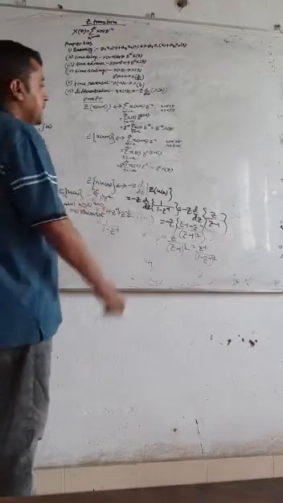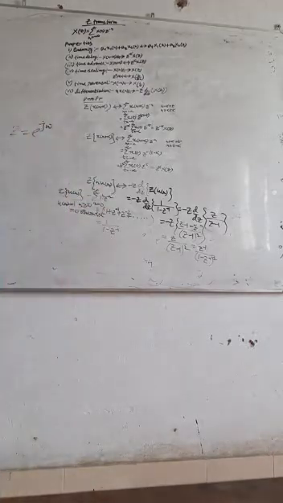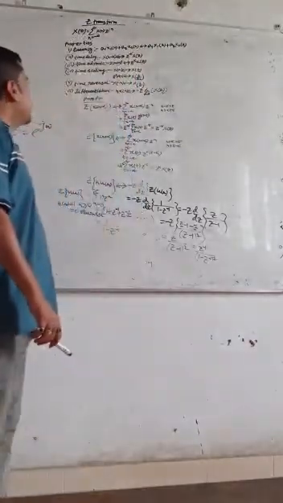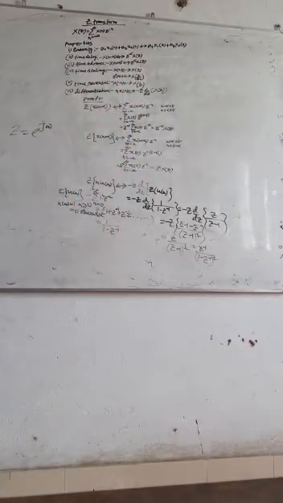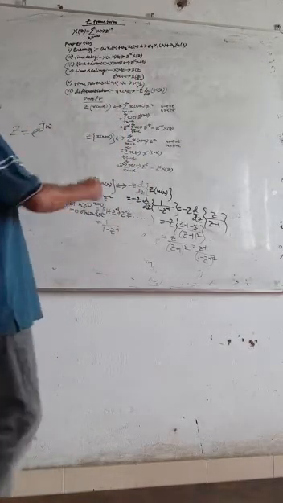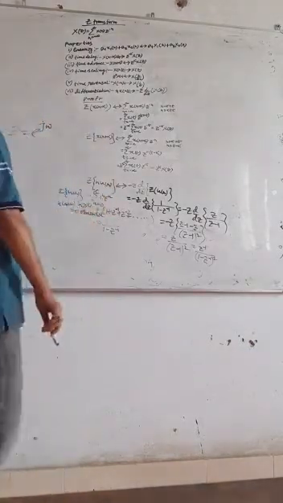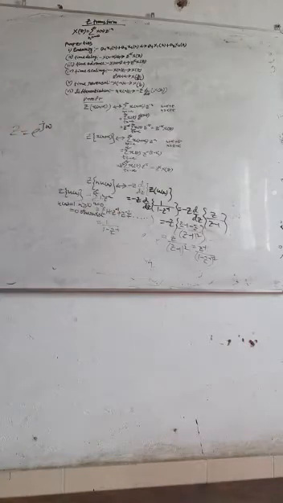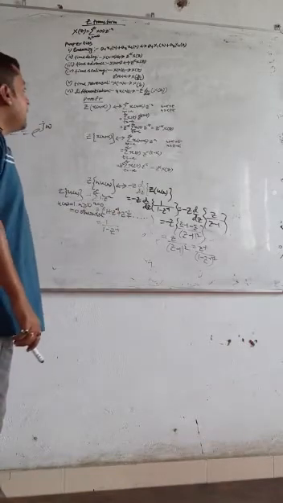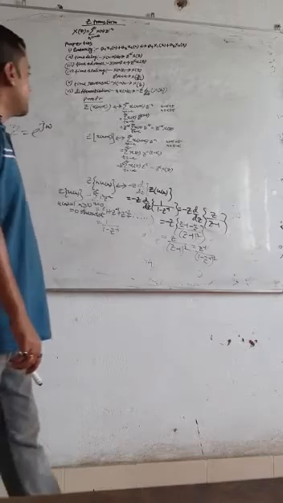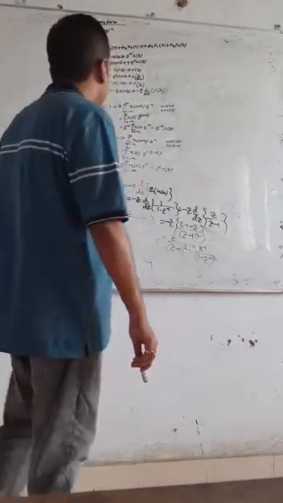Now if your signal is shifted in terms of time advance, it will be x of n plus k. If you perform Z transform of x of n plus k, the output will be the sum from n equals minus infinity to plus infinity of x of n plus k into z to the power minus n.